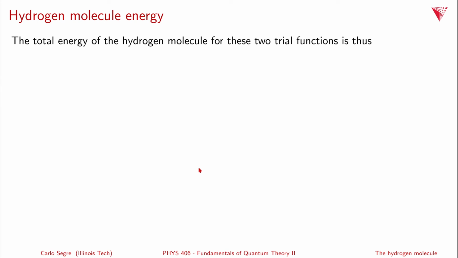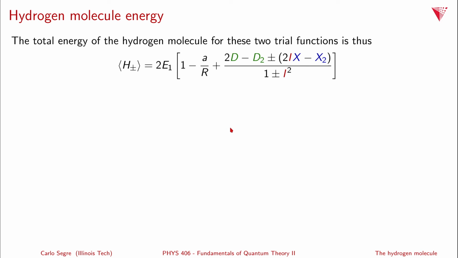We can now calculate the total energy of the hydrogen molecule for these 2 trial functions. And that gives us the following value. The expectation value of H plus or minus is equal to 2 times E1, the energy of a hydrogen atom.